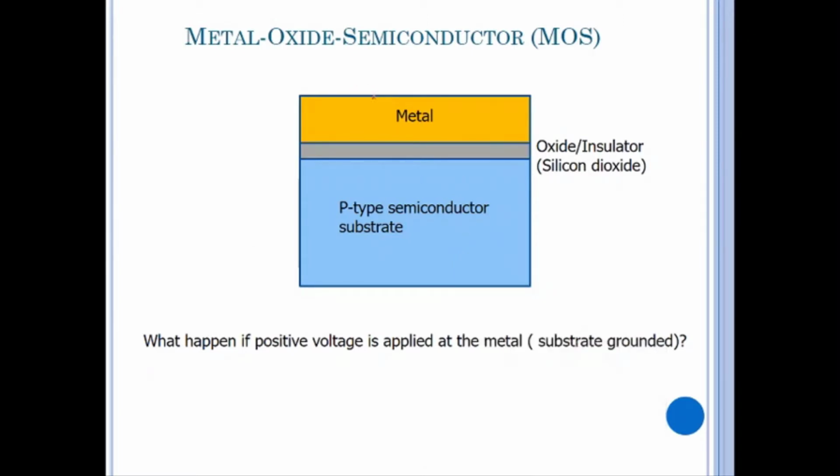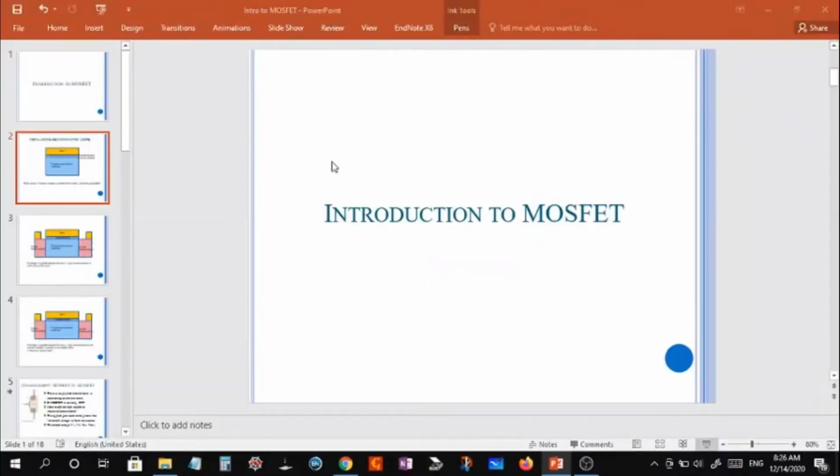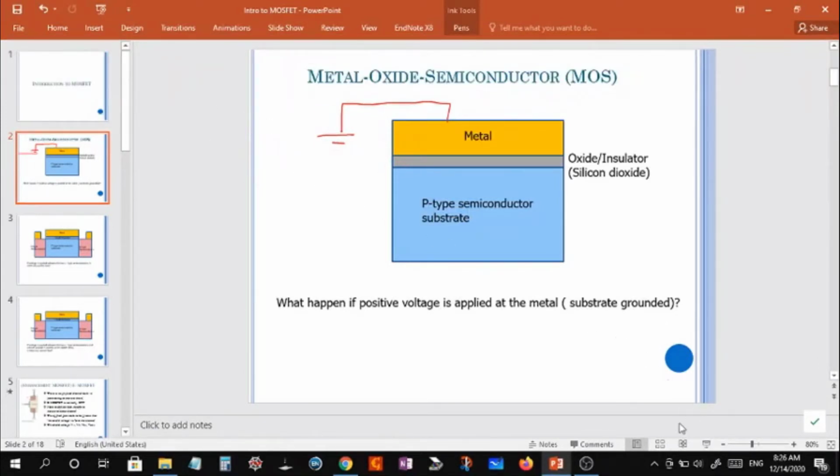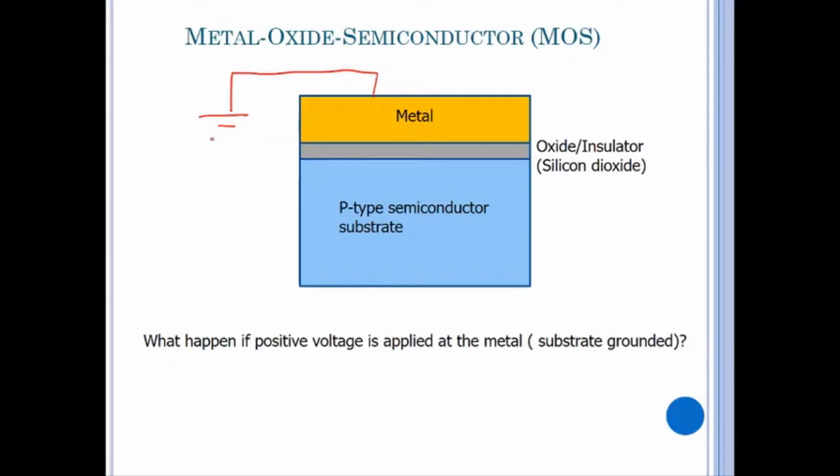Here we have the metal, we apply a positive voltage here, and then we ground the substrate. Let's call this voltage V metal.